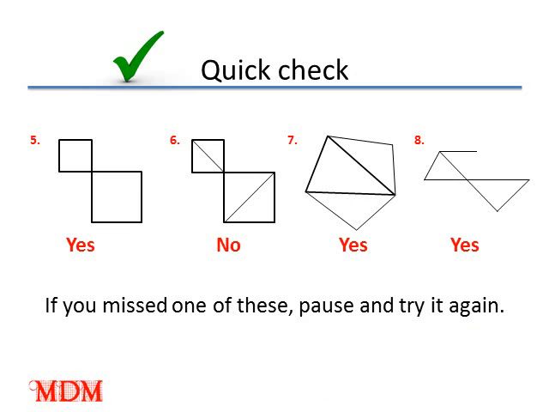A quick check of these problems indicates that only one of the figures is not traceable. Number 6 is impossible. The others have paths that can be taken. If you missed one of these, pause and try it again.